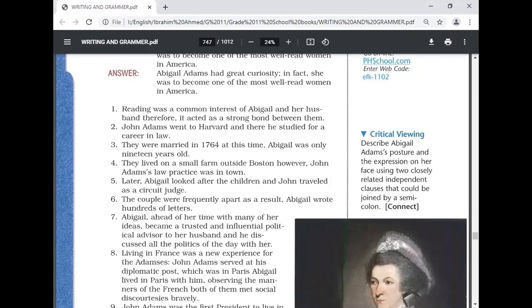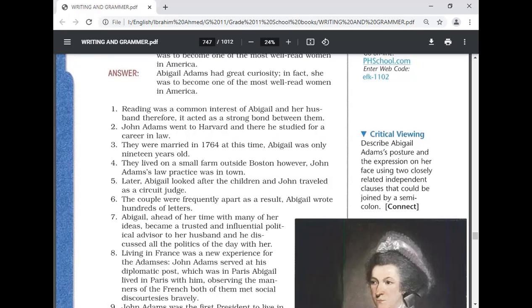Number 2, John Adams went to Harvard and there he studied for a career in law. All we need here is a comma before the word and, because we have two independent clauses. John Adams went to Harvard, and he studied for a career in law there.